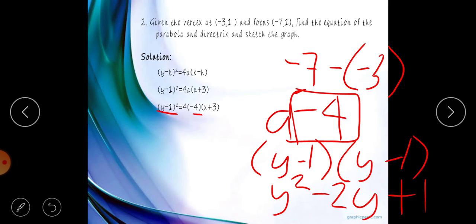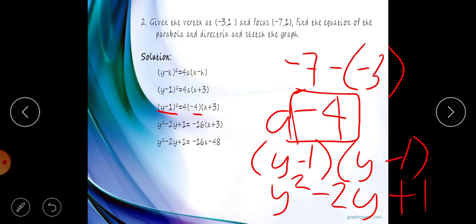So 4 times negative 4 is negative 16. Then copy the remaining, so it will become this. And then multiply negative 16 to x plus 3. So the equation will become this form.